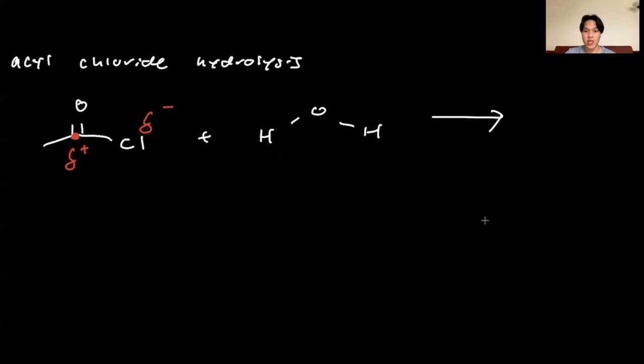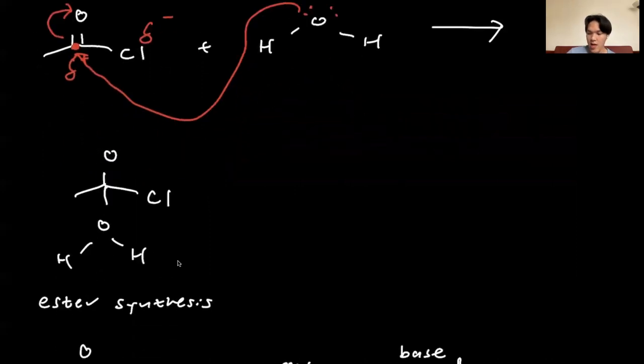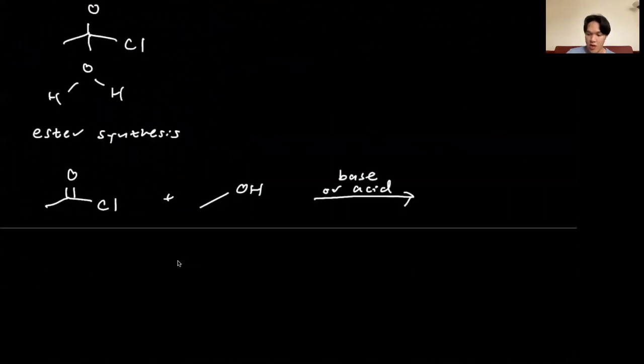Because it's really reactive already. So this oxygen can just attack this carbon here, and then we can do this simple reaction where we have this water, right? And then again, as you all know, chlorine is an amazing leaving group, right?